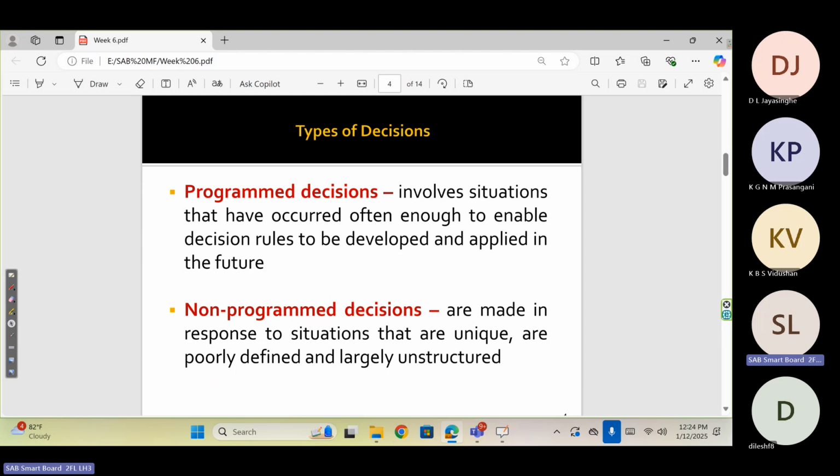But all decisions should be evaluated at this operation level. Even evaluation of the non-program decision should be done with operational level information. Then at the middle management level, mostly management information systems, MIS, can be used to get very structured information in big reports.